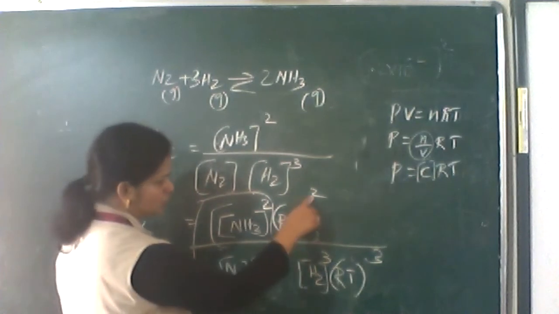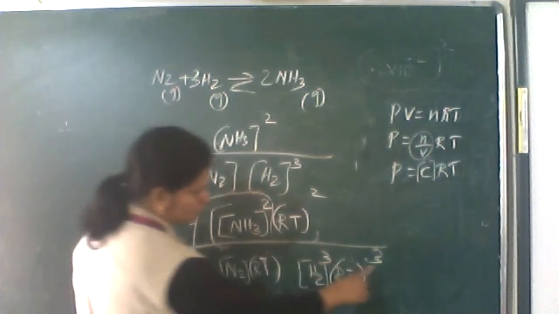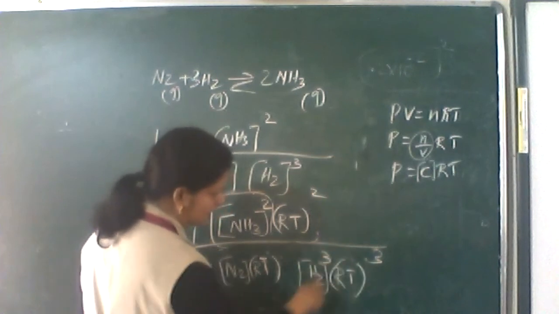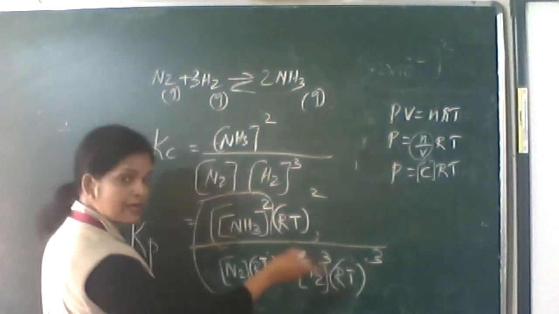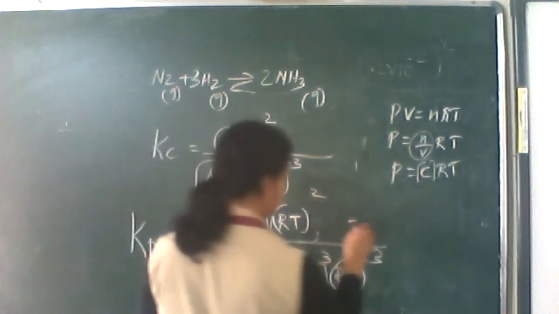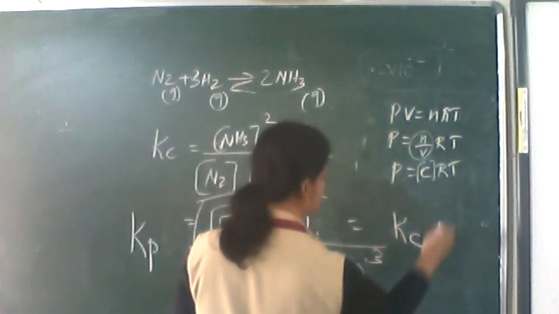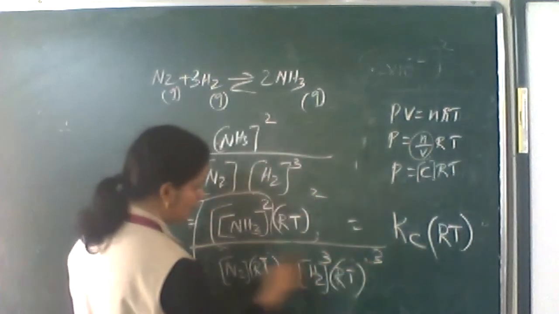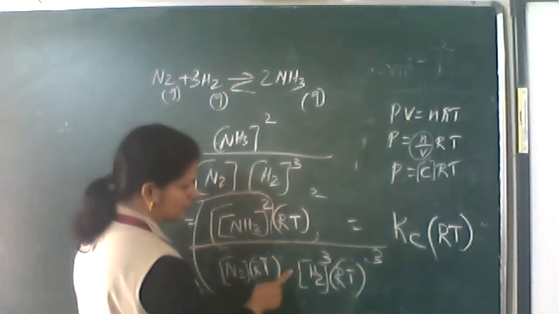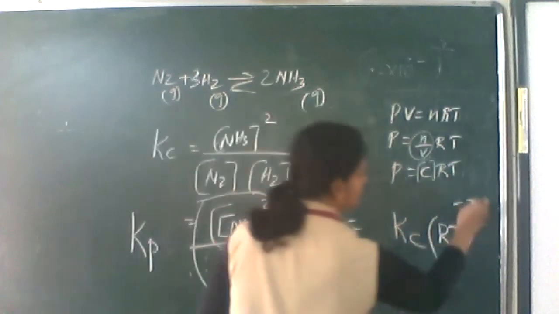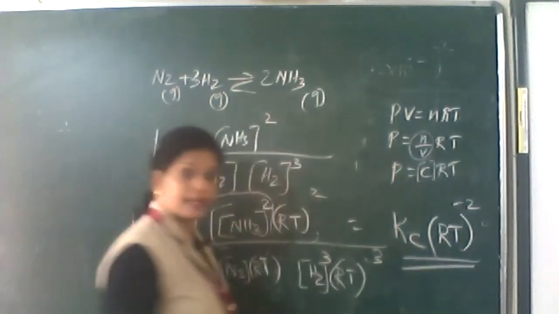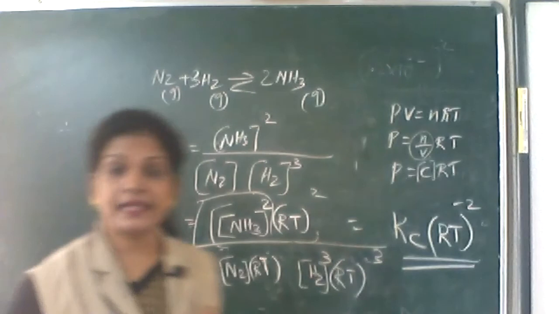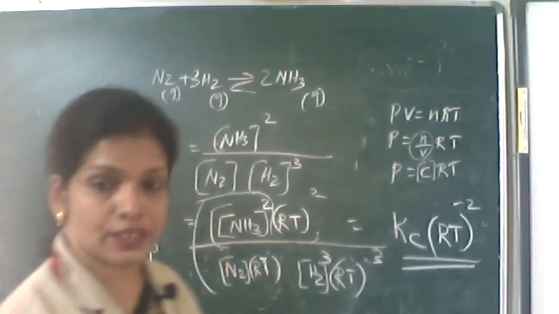Then RT raised to 2, RT raised to 4. So these things will get cancelled and finally you'll get RT raised to minus 2. So Kc into RT to the power, here it is 2, here 3 plus 1, 4. In the denominator twice, so it will be minus 2. So Kp is equal to Kc into RT raised to minus 2.